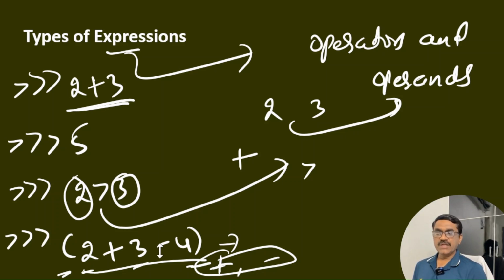But when we have equal precedence operators, it is better to evaluate the entire expression from left to right. That is determined by the associativity. When we have operators with the same precedence, the order in which the expression is evaluated is determined by the associativity. So in this case, within the parentheses, we are going to evaluate 2 plus 3 first. That means we get 5. After that, 5 minus 4.